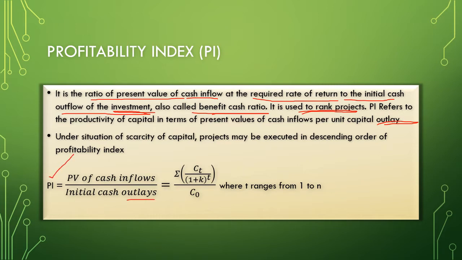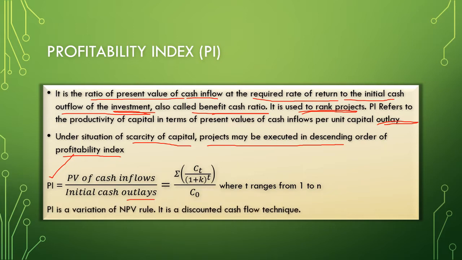Under situations of scarcity of capital, that is when there are fund constraints, projects may be executed in descending order of profitability index. The project with the highest PI will be ranked first, and then the subsequent rankings follow. So this is the formula, just go through it.